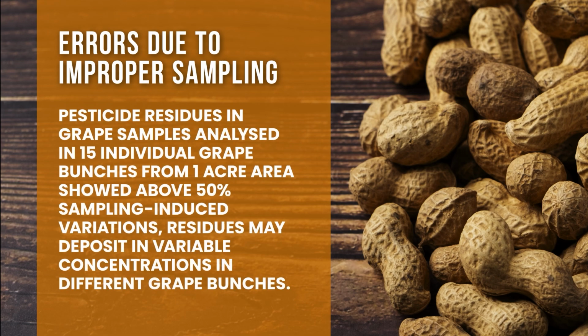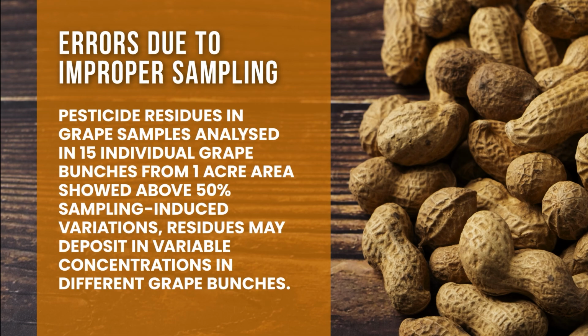Similarly, pesticide residues were analyzed in grape samples during residue monitoring of grapes, and 15 individual grape bunches were analyzed from 1 acre area. It showed that 50% of the sample-induced variation was there. So that means sampling was responsible for 50% of the error in the results.